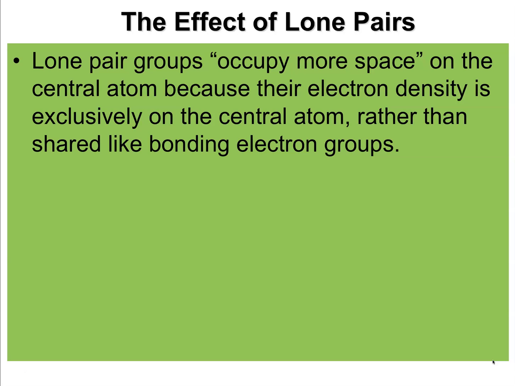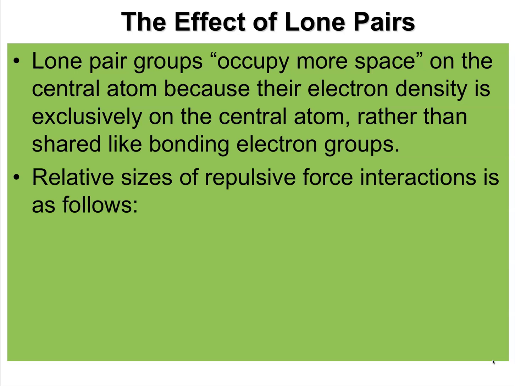Remember, a bonded pair of electrons is shared between two atoms. They aren't really free to move, so to speak. But a lone pair of electrons has the entire orbital existing with that singular atom to move around and take up space. So lone pairs take up more space, which means the repulsion is going to be greater.